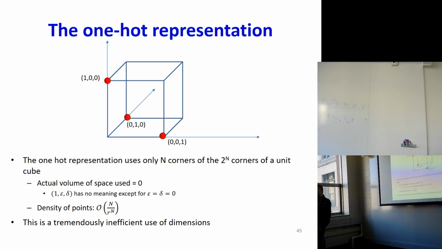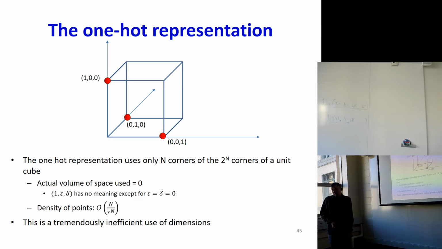You have this high dimensional space, and the actual volume that you're consuming from the space is identically equal to 0. Moreover, if you think of it in terms of density of points per unit volume, it's going to be of the order of n over r raised to n, where r is the radius of any unit sphere that holds the entire data.